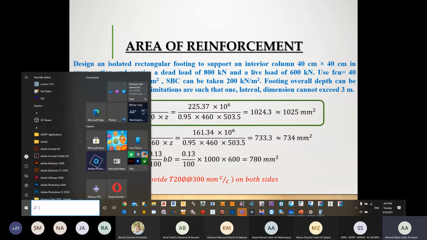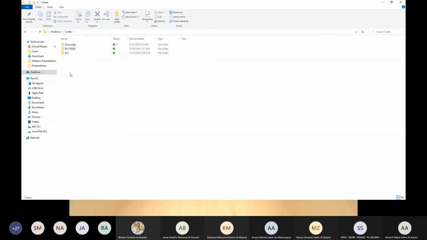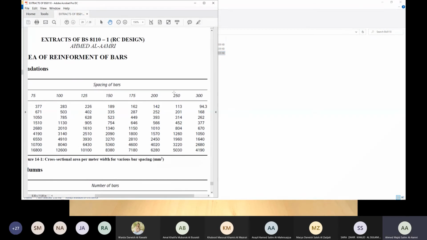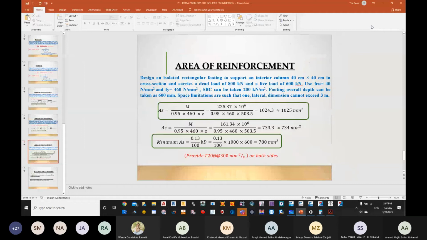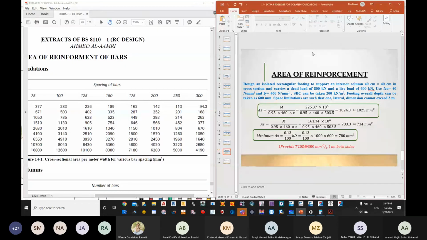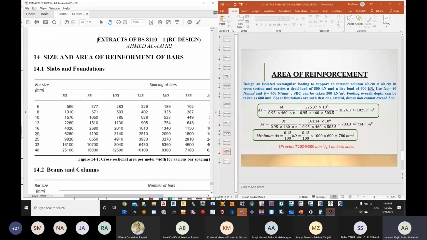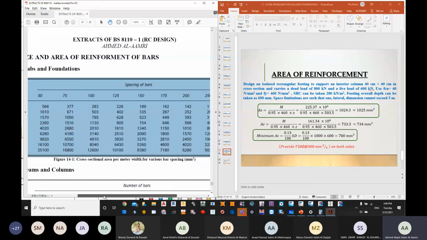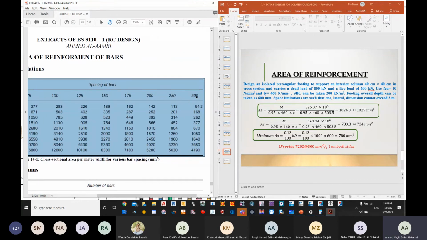Now, if we go to our codes, okay, if we go to our codes, to the last page of the code, okay, you can see here, if we are using 20 mm diameter, the maximum spacing here available is 300.